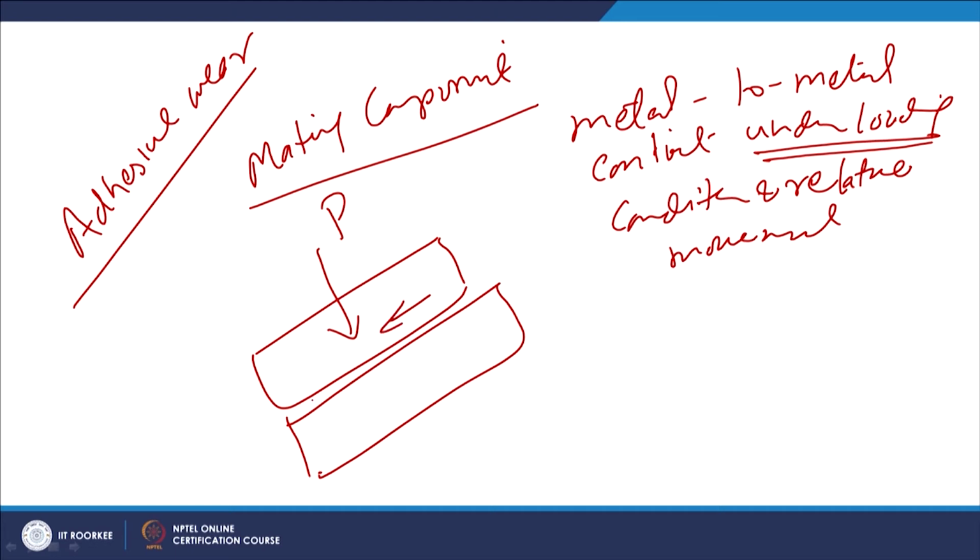So the contact between the two is direct metal to metal contact, under relative movement and external loading conditions. The loss of material from the functional surfaces is termed adhesive wear.